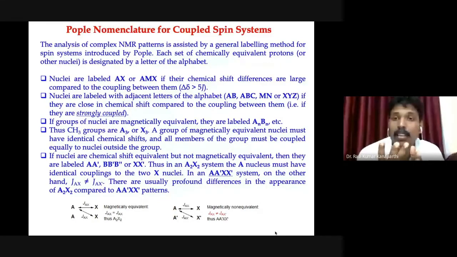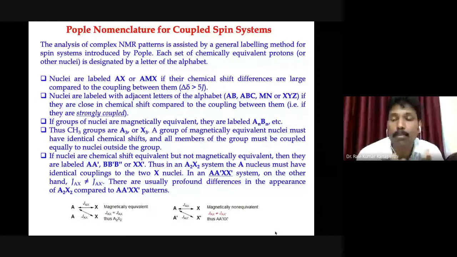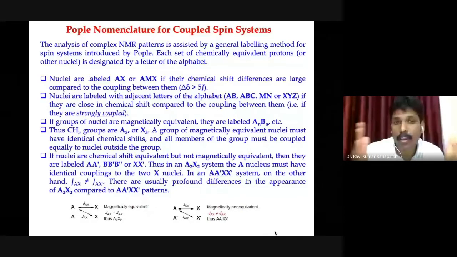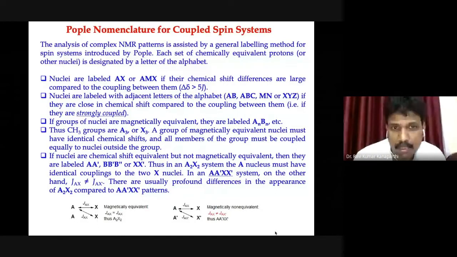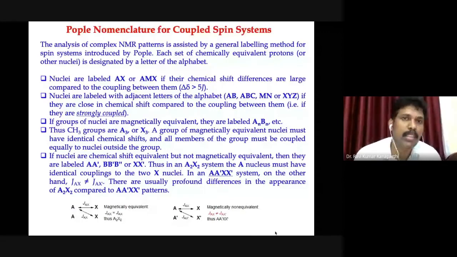If you have three peaks which are close by, we label them ABC. If they are far apart, AX. If you have three peaks which are reasonably well separated, we represent them with AMX. This is the notation suggested by Pople.